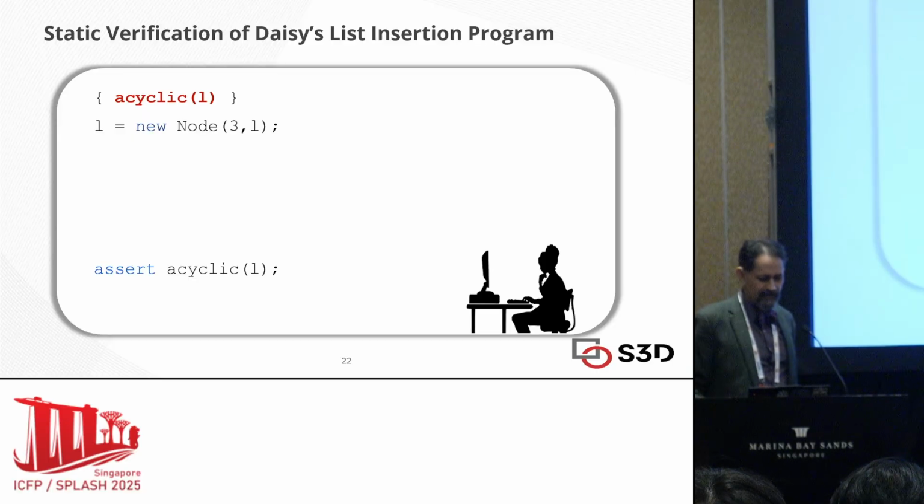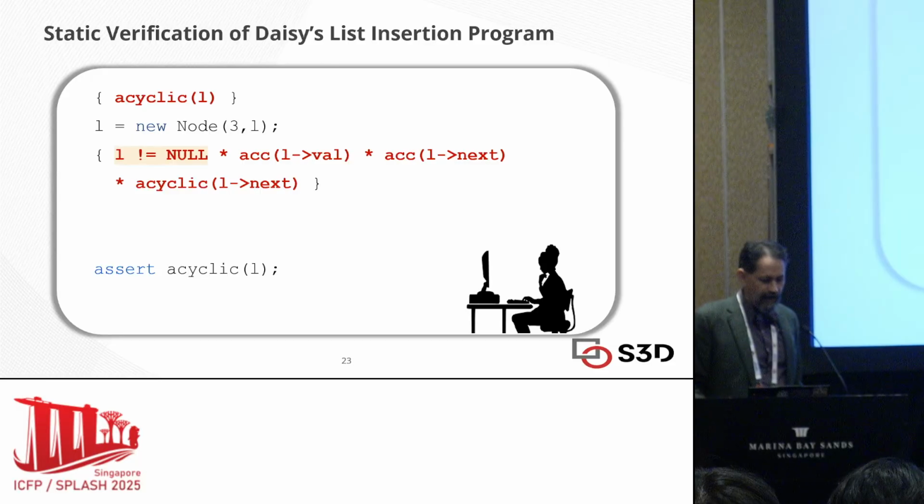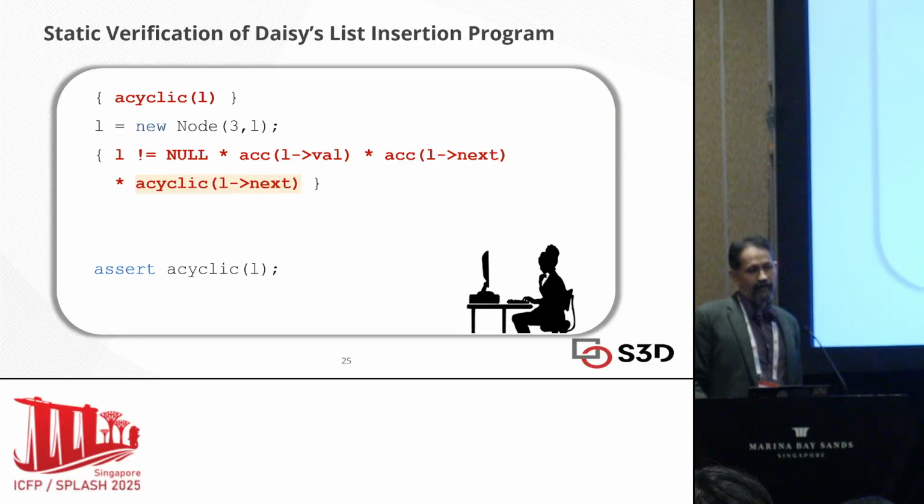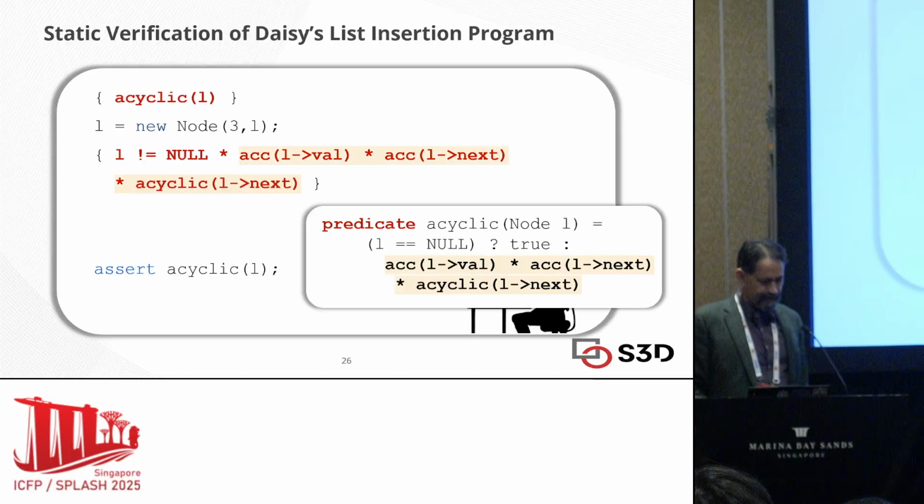So let's say Daisy is writing this list insertion program. She starts out with an acyclic list. When she allocates a node, then we learn, since this allocation succeeded, if it didn't, we'd have gotten an exception and we wouldn't be here, so we know that L is not null, and we own L's value and next fields. L.next is the old L, right? And so that's still acyclic, right? Because we didn't change that at all.